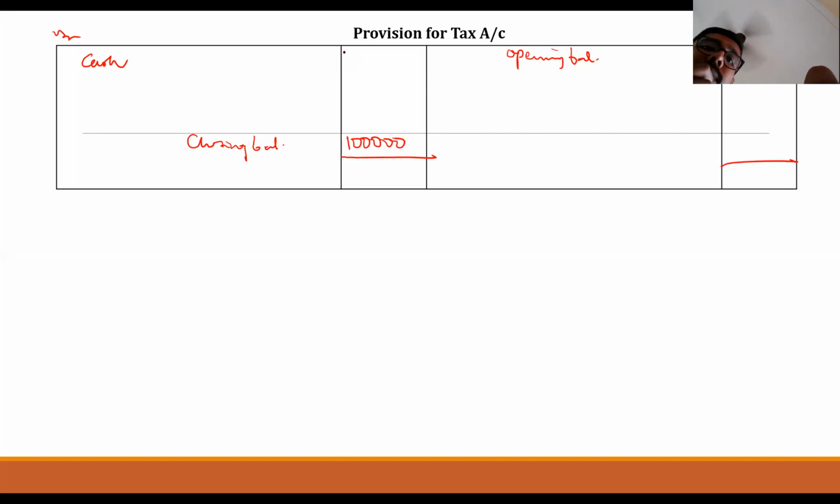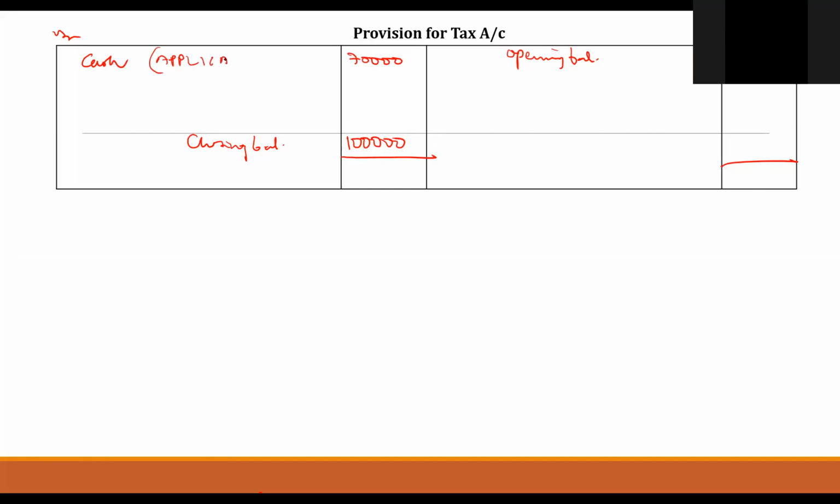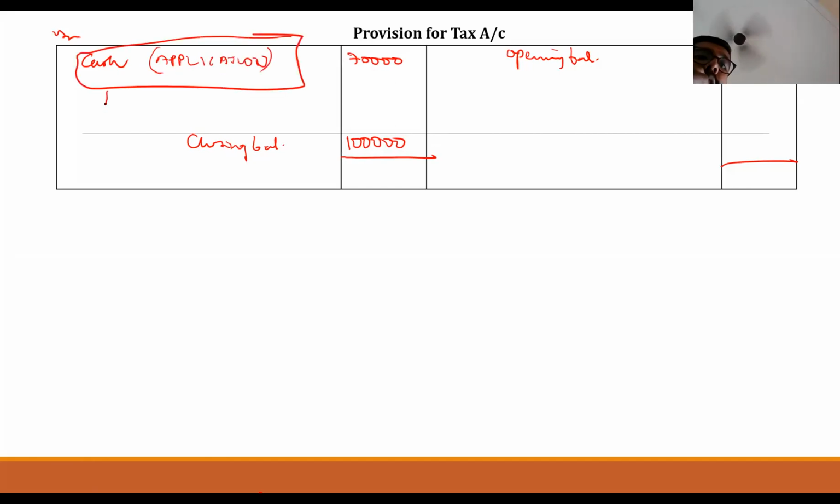What is the amount? 70,000. This cash paid is also known as application, and this will come in the fund flow statement application. And what would be the balancing figure?